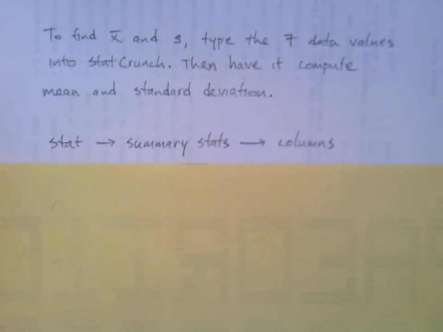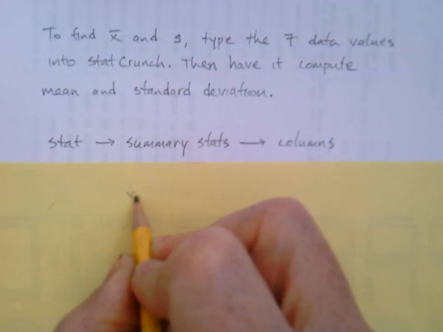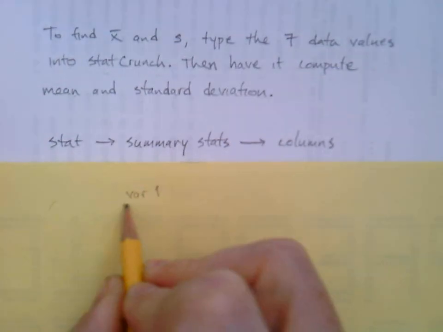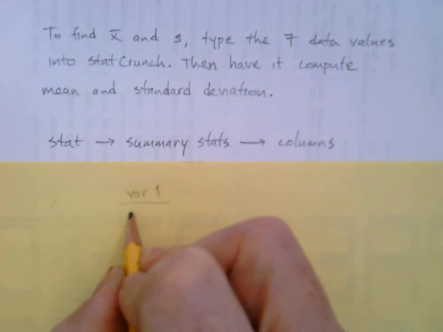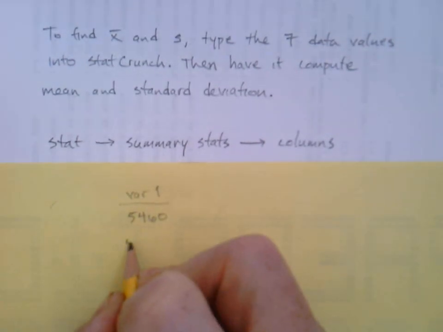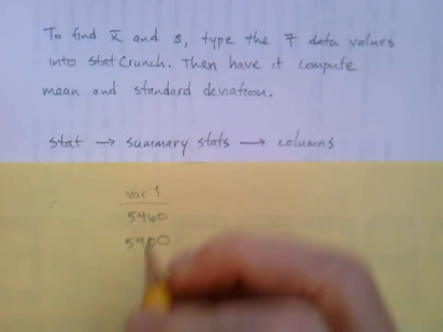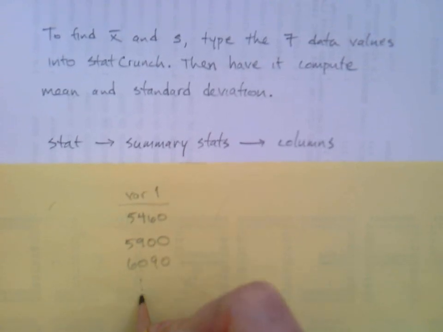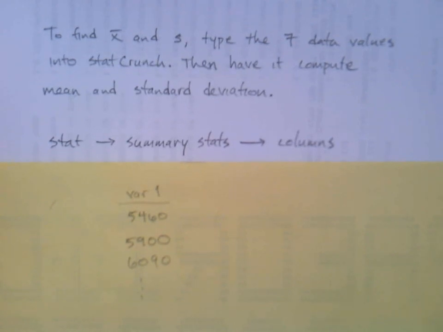Go into StatCrunch, type those 7 data values in as a column, right? So you'll have, it'll say like variable 1, and you probably know what I'm talking about already, but then we'll start to fill those in down the first column, those 7 data values. Okay, you get the idea. Fill all those in. Once you have these 7 numbers filled into a column, then go to Stat, Summary Stats, and Columns.